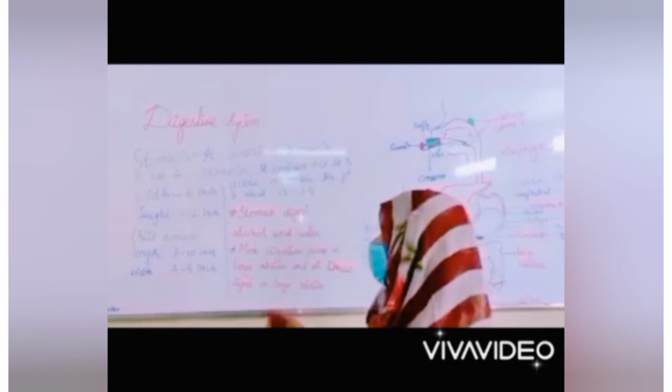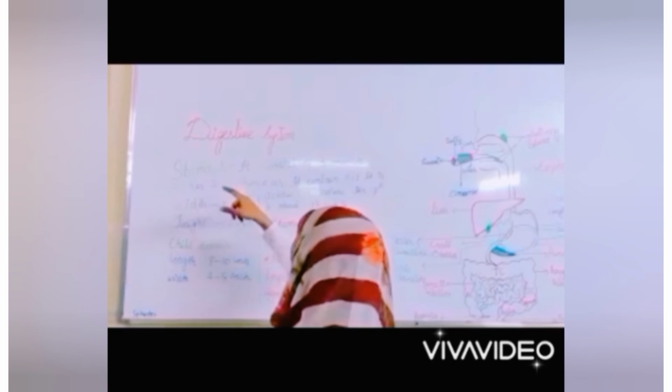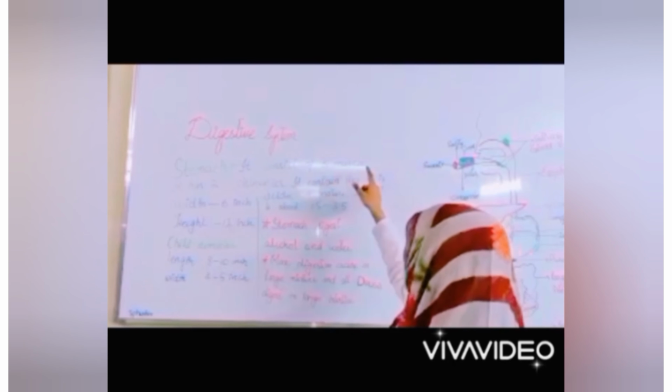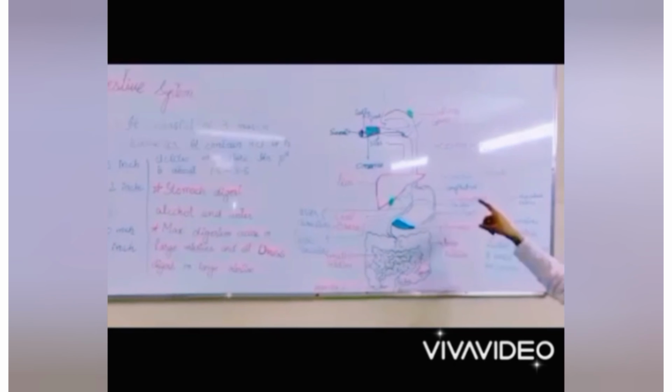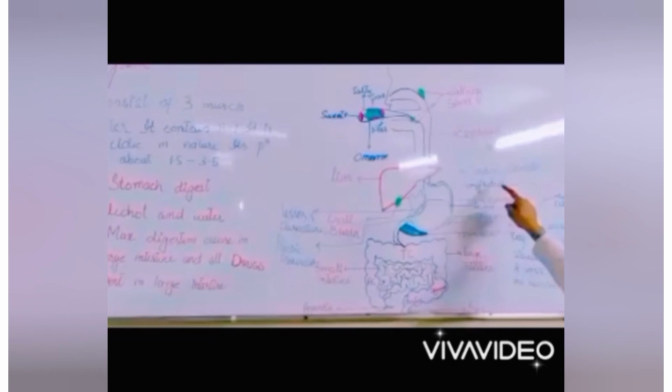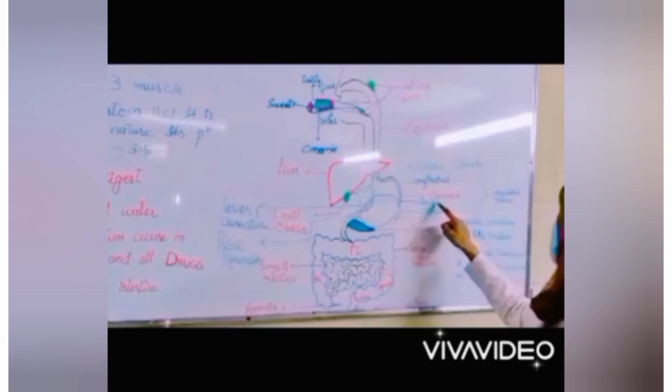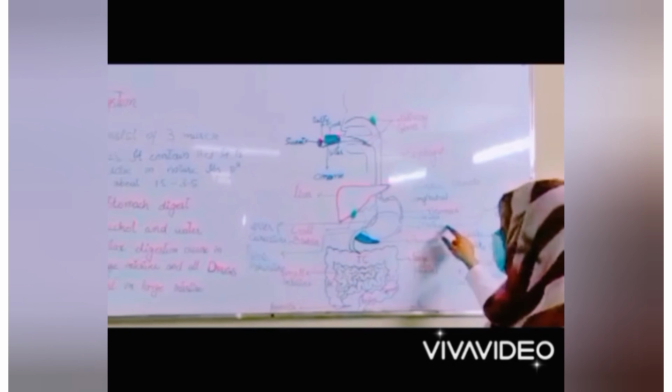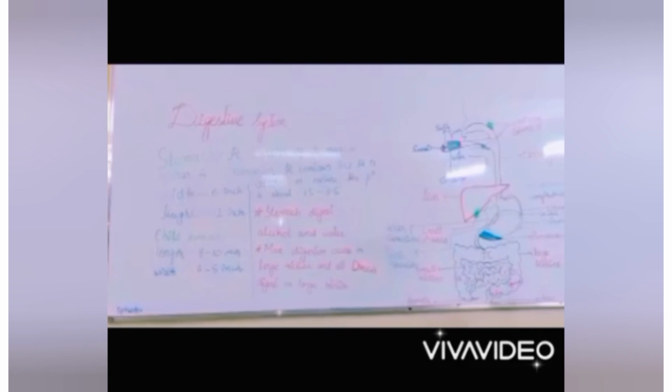I will discuss the stomach. It contains 3 muscles. First muscle, longitudinal muscle. Second, circular muscle. Third, oblique muscle. It has 2 sphincters.